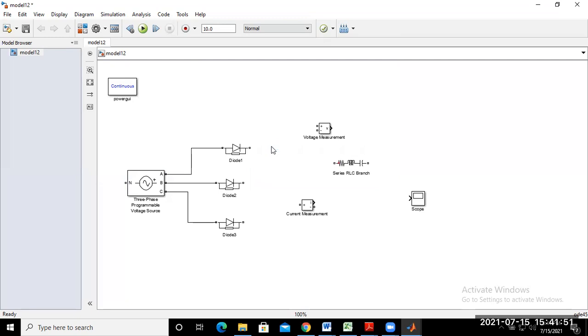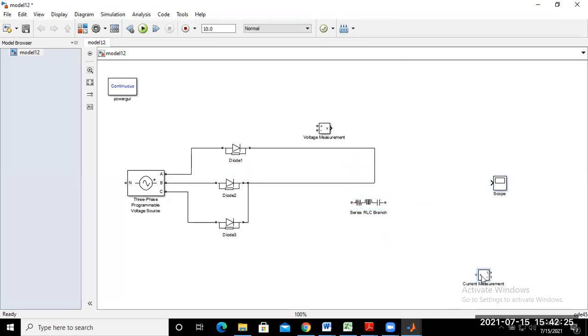That's why it is showing the red line. Just try to connect. This point to this point, and load move towards this point, and the scope up to this point, and voltmeter just drag to here.